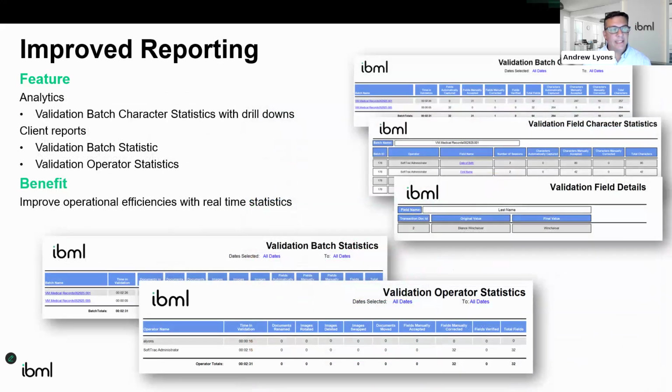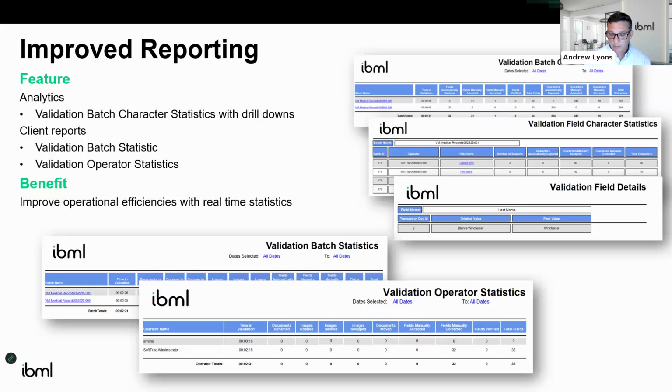With the new auto-indexing AI, we've also improved reporting. We strongly recommend and promote our analytics over the client reports because of the validation batch character statistics. In this use case, you're going to get some really useful information for your operations. You're going to get specific detailed information about a batch, and about multiple batches, as well as drill down reports to tell you what fields are problematic, which ones you want to focus more time on.